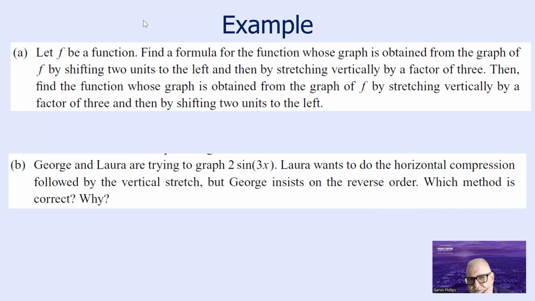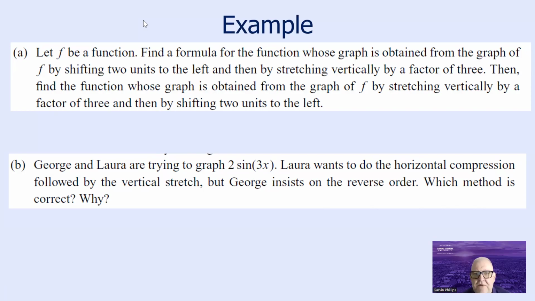So this says if f is going to be a function, I'm going to find a formula of the function whose graph is obtained from the graph of f by shifting 2 units to the left and then by stretching vertically by a factor of 3. So I'm going to make a vertical stretch by 3, but I'm going to do it after I shift it 2 units to the left.